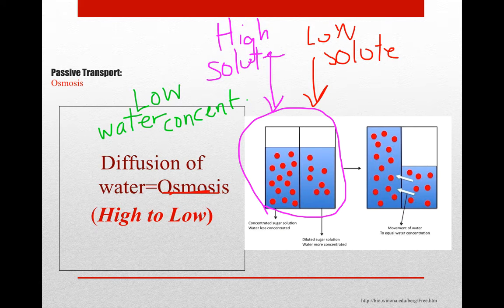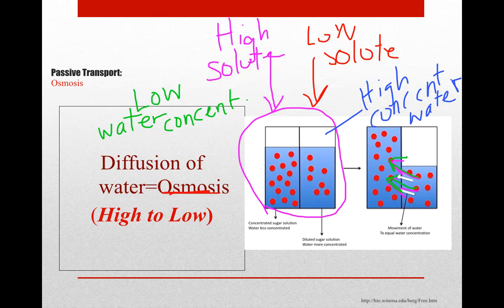And then this on the right hand side has a high concentration of water. So it goes from high water concentration to low water concentration. And that's where it goes from the high to low, because it's a movement of water in this case.